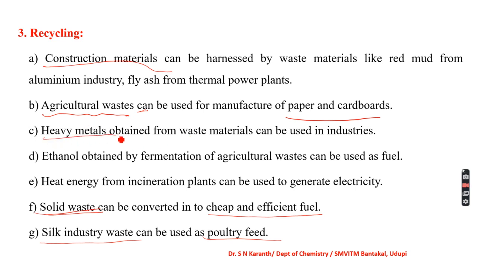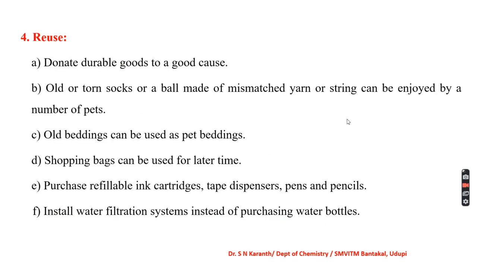Heavy metals obtained from waste materials, that is e-waste, can be recycled in the industries. Ethanol, which we get by the fermentation process, can be used as a fuel. Heat energy generated by incineration, burning of plants, can generate electricity. These are recycling methods. Then the fourth method is reuse of solid waste.